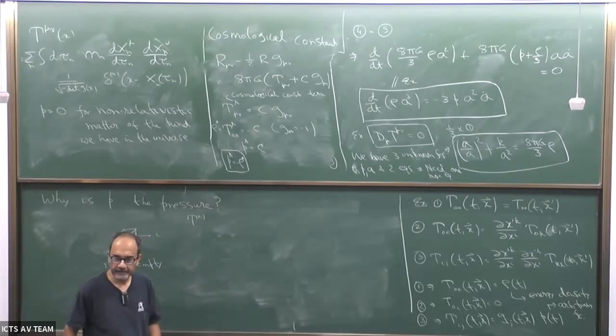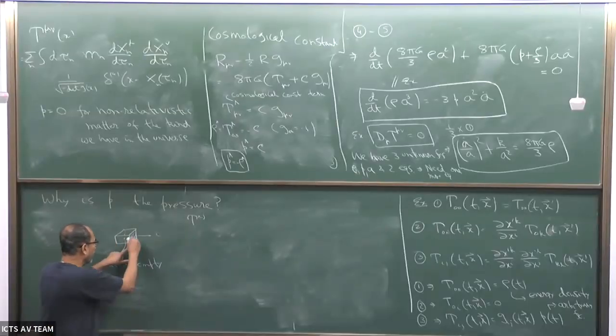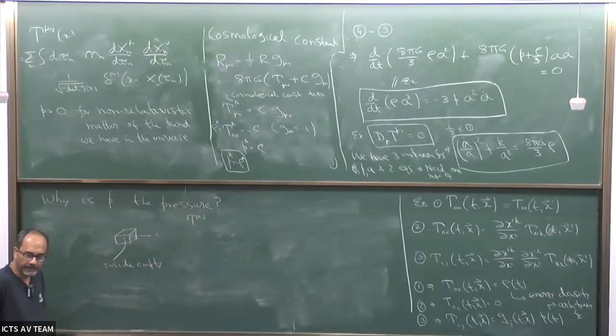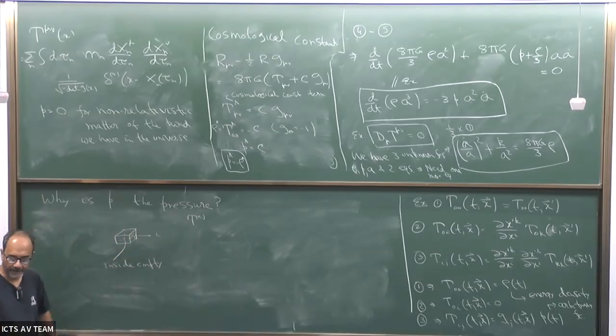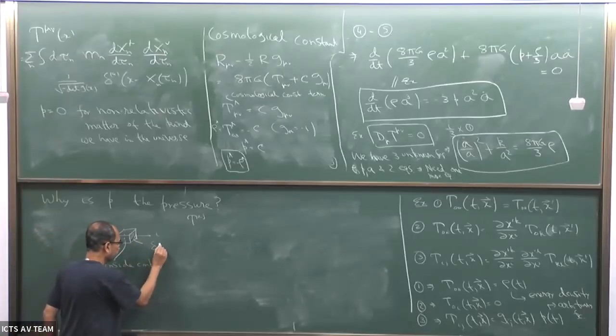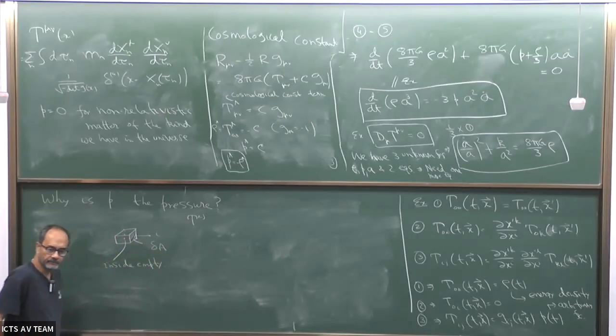Is this clear? Okay, so now we have emptied out the inside. And let's ask how much momentum will be coming in and hitting the surface per second, say per unit time. This has area delta A. We want the result in terms of T_ii. What do you think the answer is?